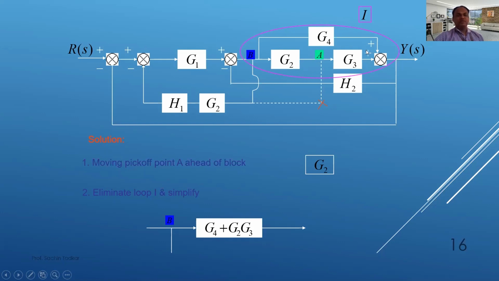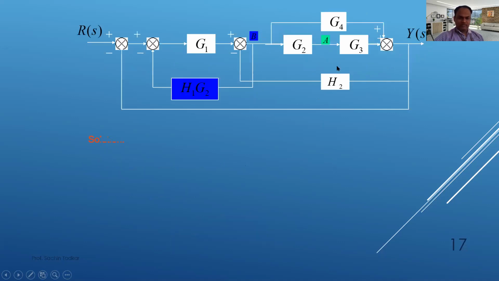Okay, you have to remember the direction of the arrow also. So this is not a feedback function, it is a feed forward function. So G4 plus G2 multiplied by G3 will be there, and then we are going to solve the next.